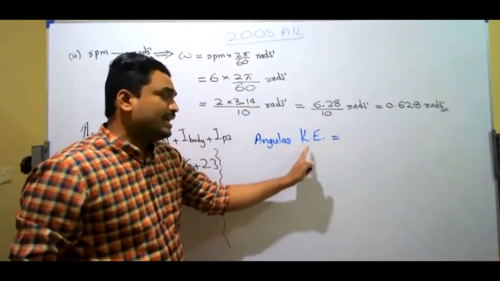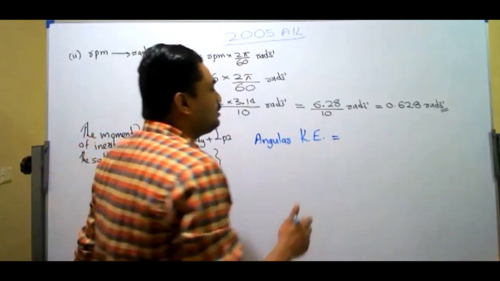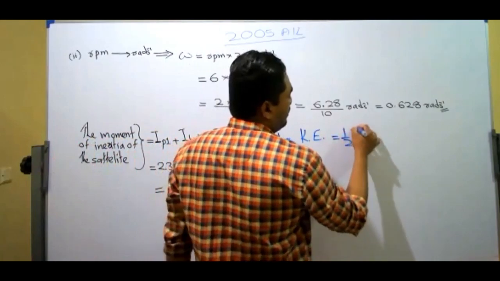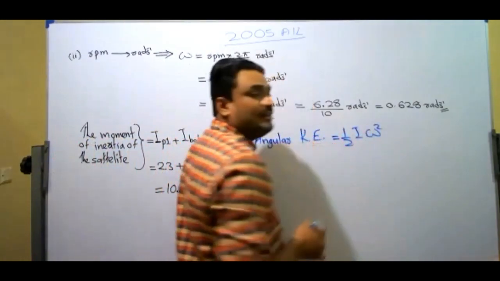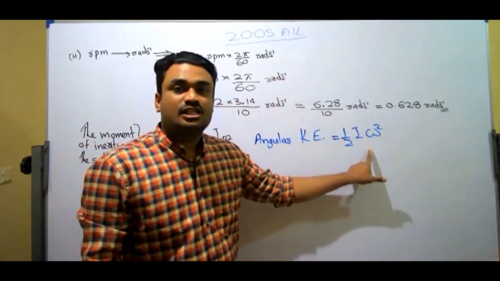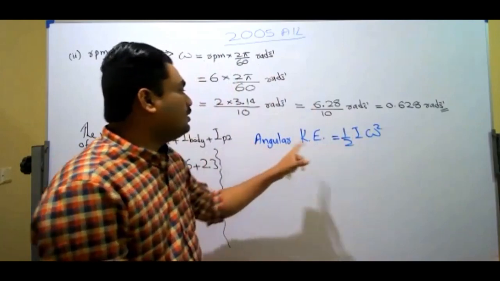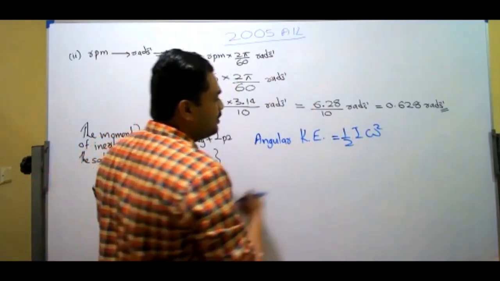But in the exam, do not write KE, please write angular kinetic energy of the satellite, equals half I omega square. This is the definition. I think you remember this equation from when we started teaching moment of inertia. Angular kinetic energy is half I omega square.